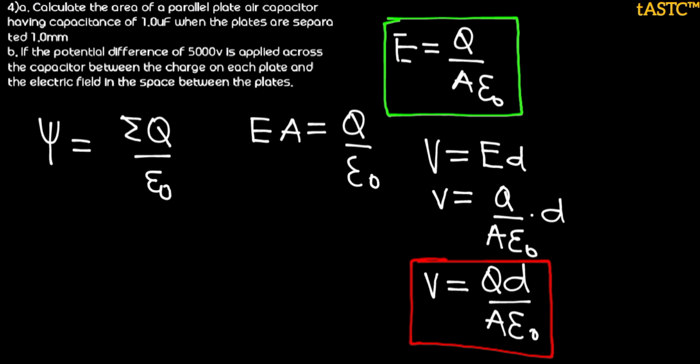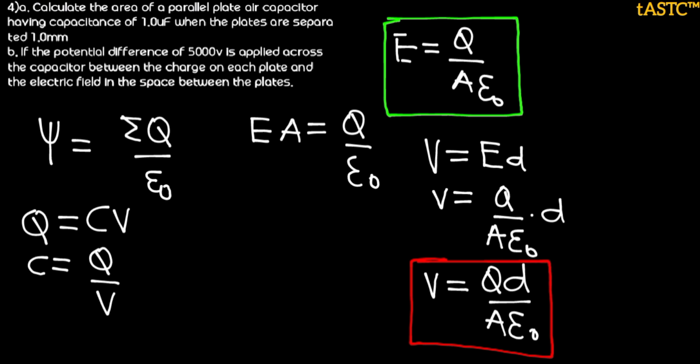Now let us go ahead and find something more interesting. We know that Q, the charge that is stored in a capacitor, is given as CV. Now what if I wanted to make C the subject? C is going to be equal to Q divided by V. Now we already know that V is given as this.